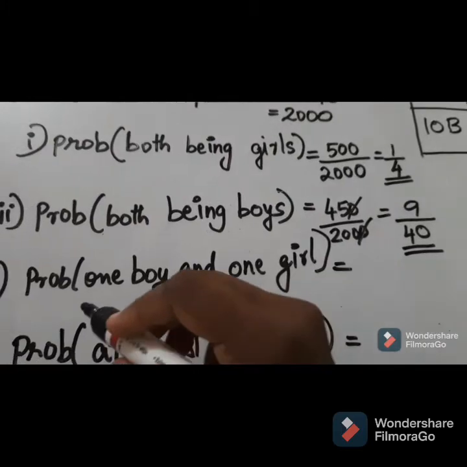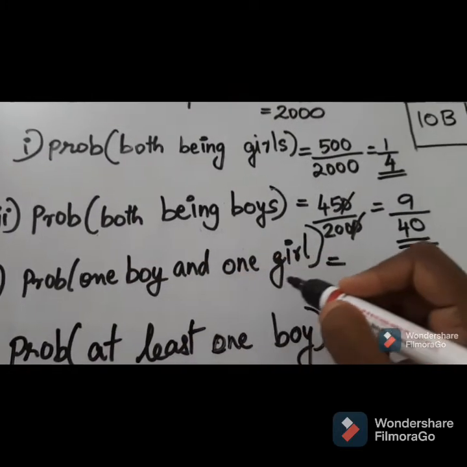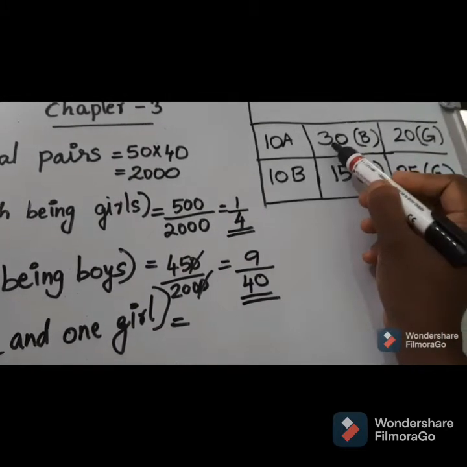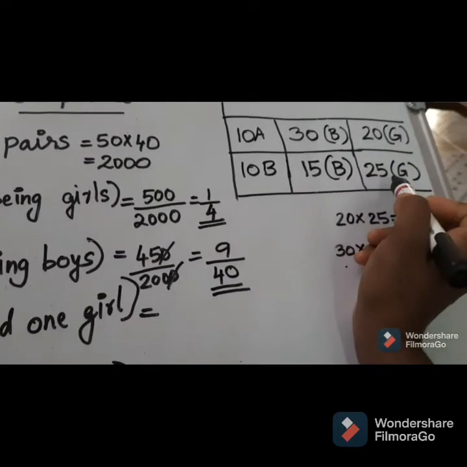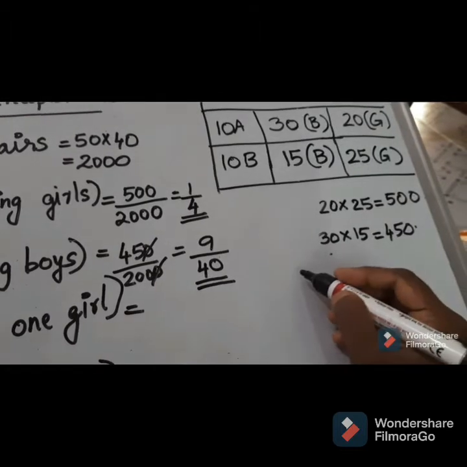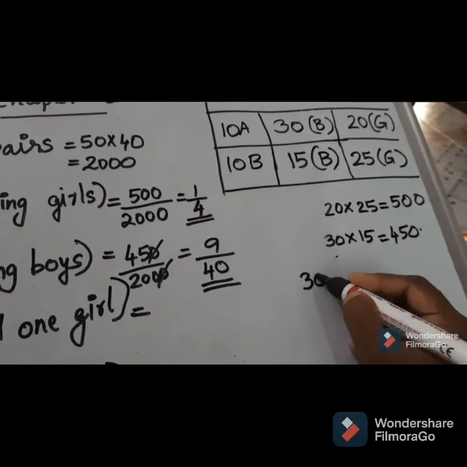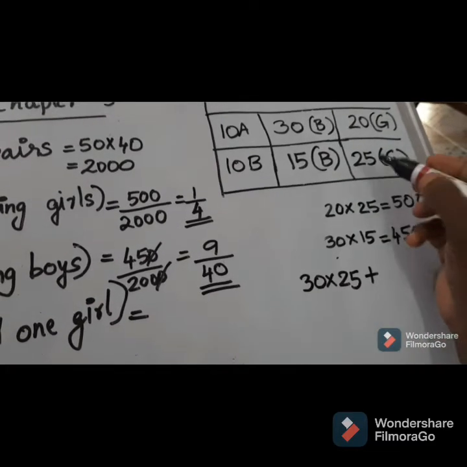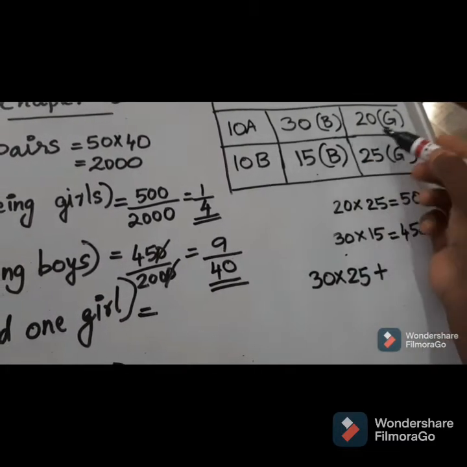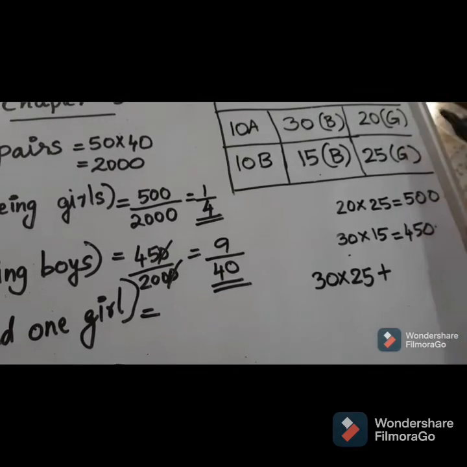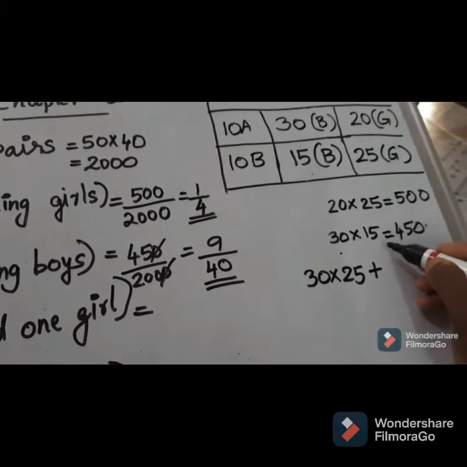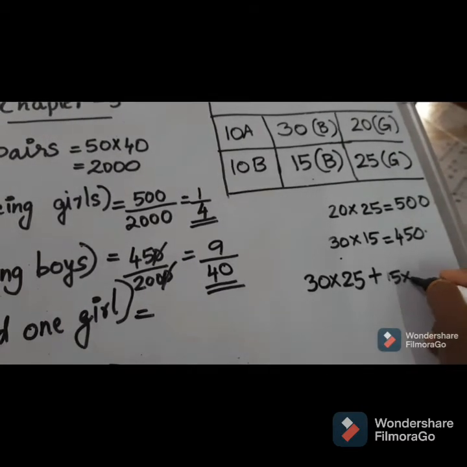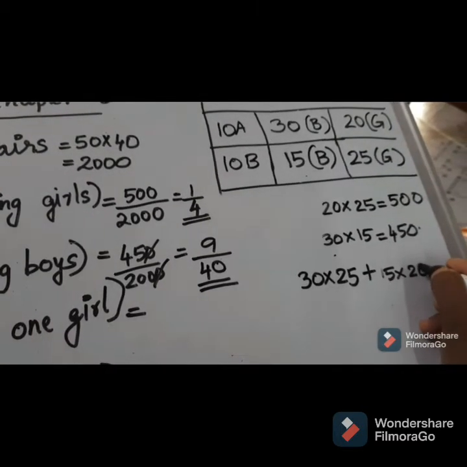Now the probability of one boy and one girl. One boy, that is here one boy, from this one girl. So what will come? 30 into 25. Then here also boys are there, 15 boys and the 20 girls are there. So how we can write? 15 into 20.